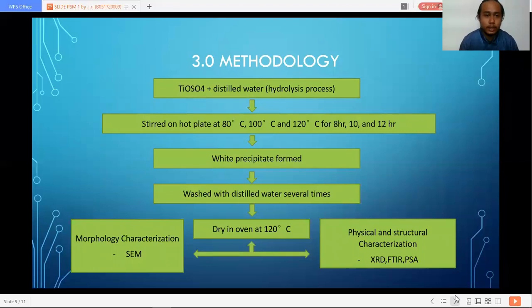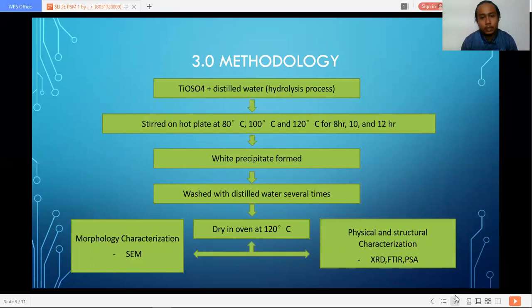The first thing, the raw material, titanium sulfate, TiOSO4, will be combined with distilled water in the hydrolysis process. Then it will be stirred on a hot plate at 80 degrees, 100 degrees, and also 120 degrees for roughly 8 hours, 10 hours, and 12 hours. After that, a white precipitate will be formed.